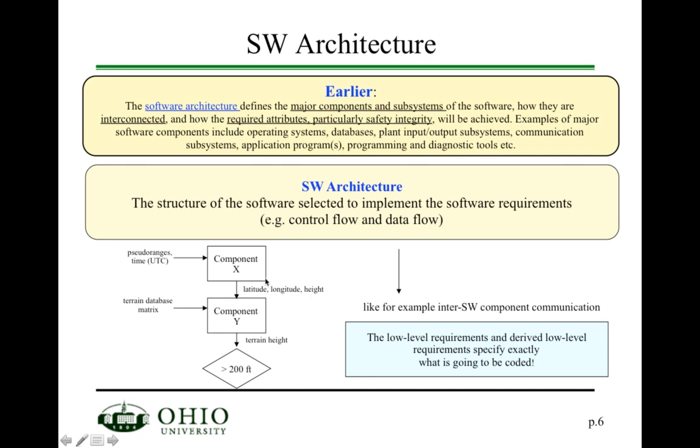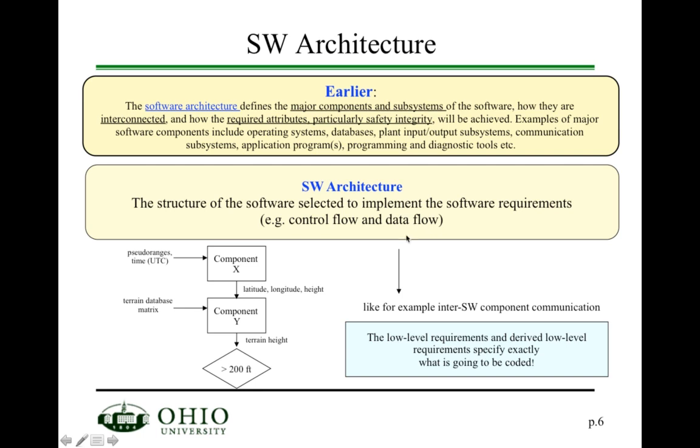Then this latitude, longitude, height will be used in component Y to find a terrain height based on a terrain database. And then you're going to check if this terrain is larger than 200 feet. So this is a ground proximity warning, a little example.